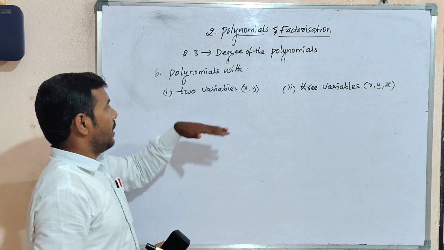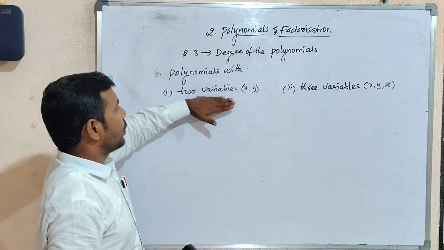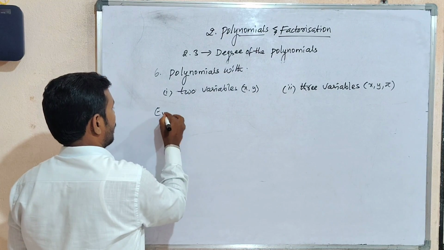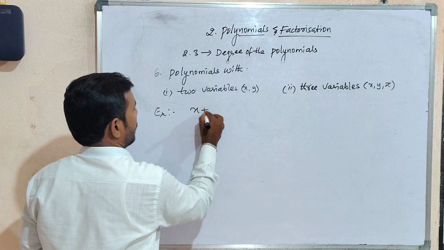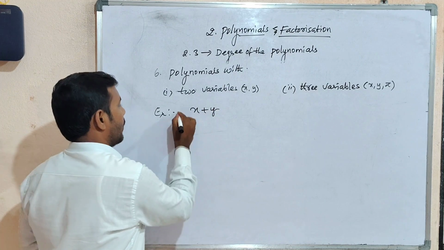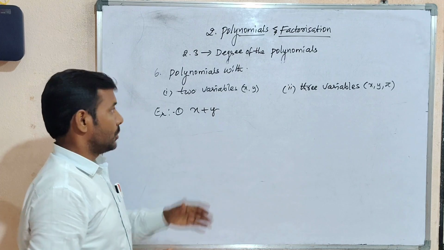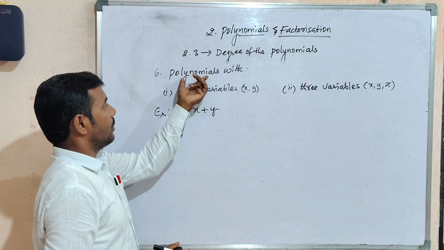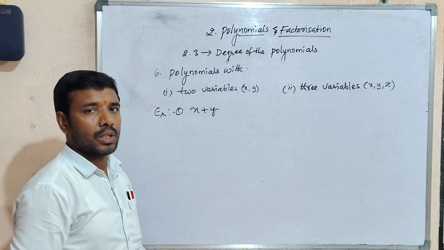But now polynomials with two variables, x comma y. Let us see a few examples. Through this you can understand. x plus y. What is this? This is a polynomial only. But how many variables are there? Two. So the title is the same. Now we have to list out polynomials with two variables, mainly x comma y.